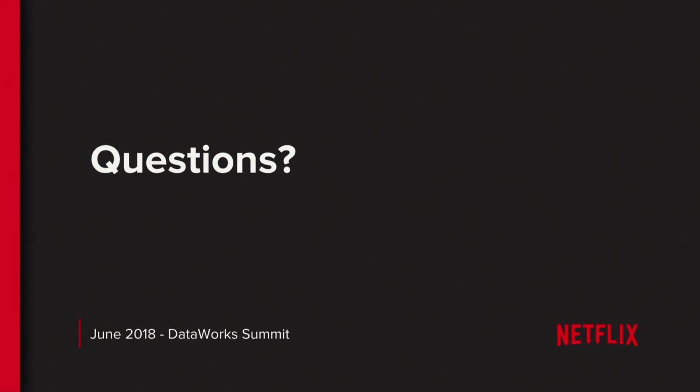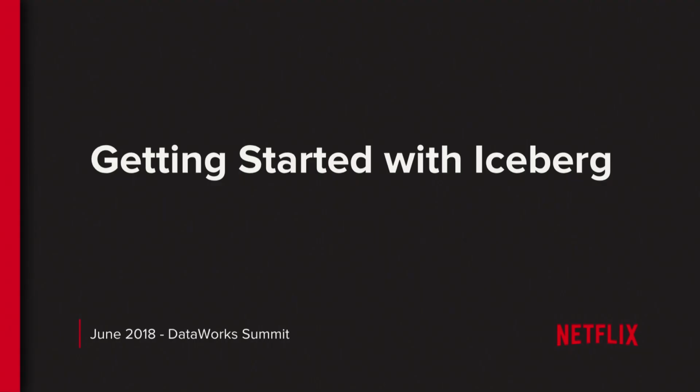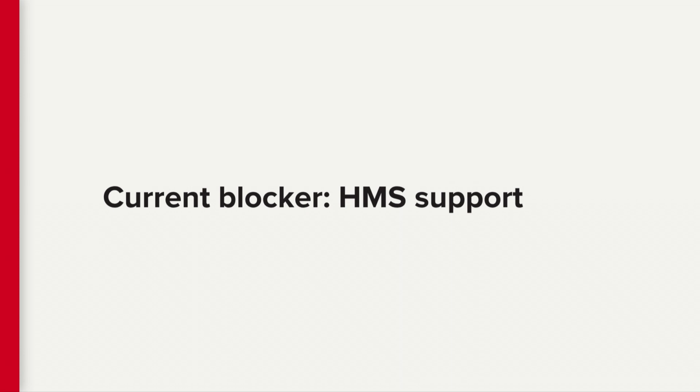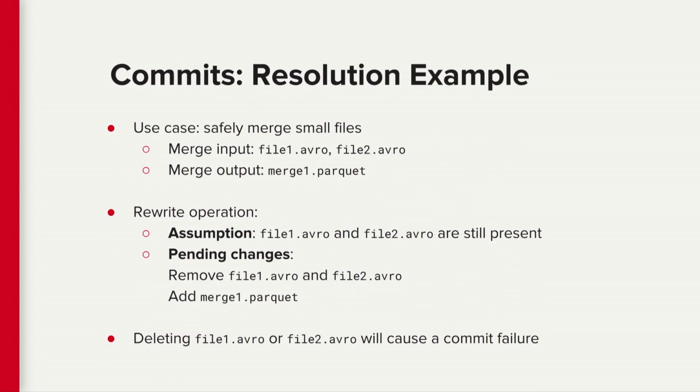I think what I meant was, if I, for example, do an update, delete record timestamp X, and somebody says delete record timestamp Y, technically they don't conflict. Yeah. So the slides are going to be up online. Basically, commits are resolved when they conflict.